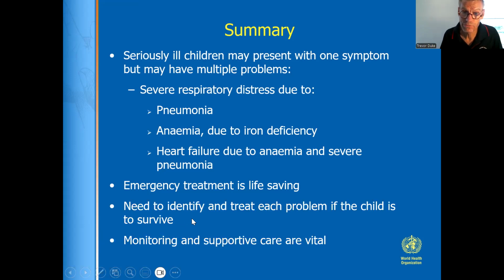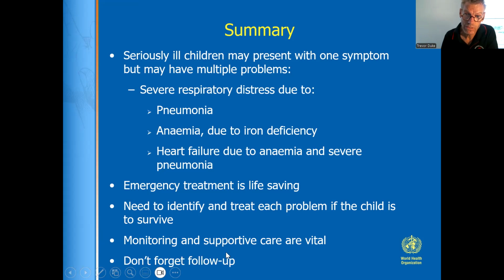But you need to identify each problem and treat each problem if the child is going to survive and do well. If, as I said, Ratu had only had his pneumonia treated, then he probably wouldn't have done so well. And monitoring and supportive care is vital because it's really important that we detect the deteriorating patient and are able to monitor how a child is improving over time.